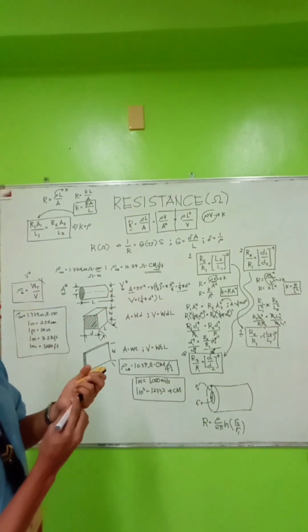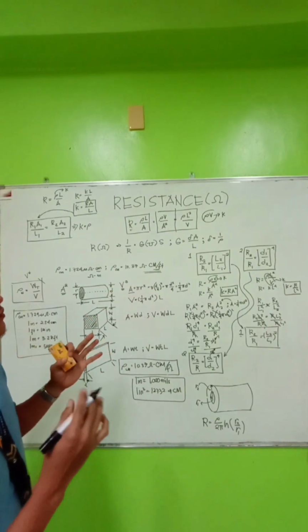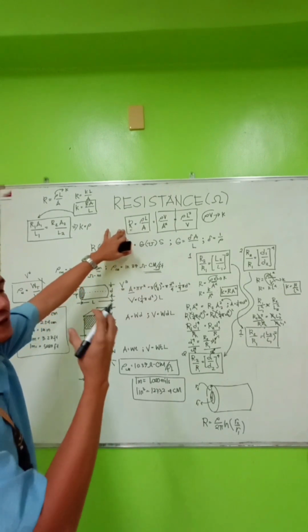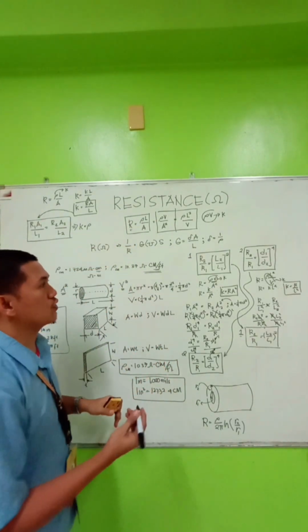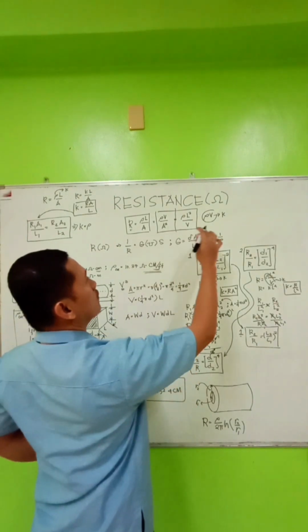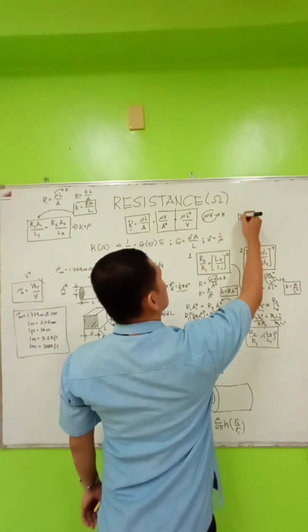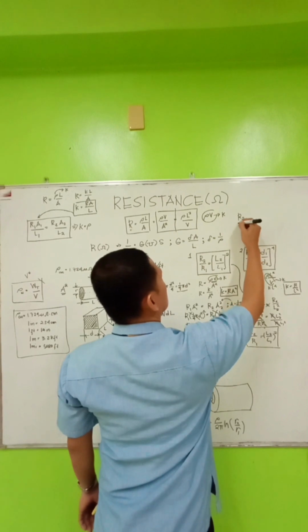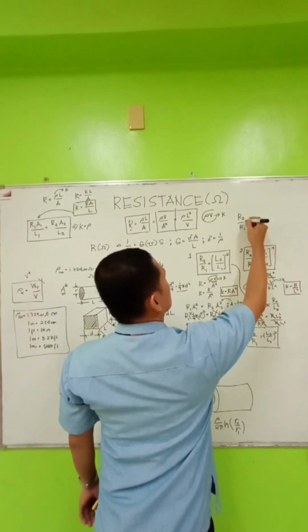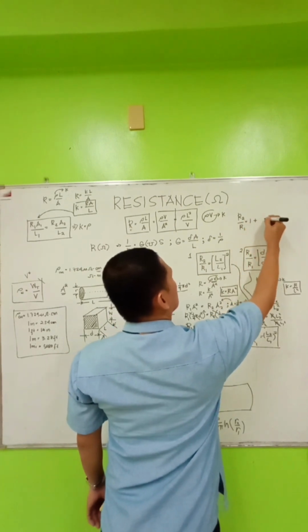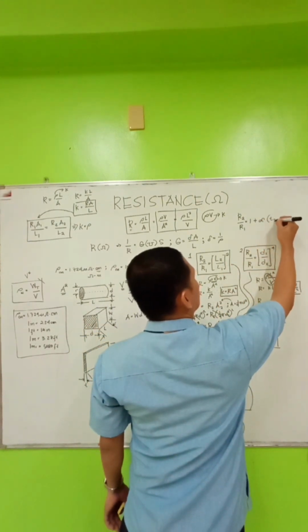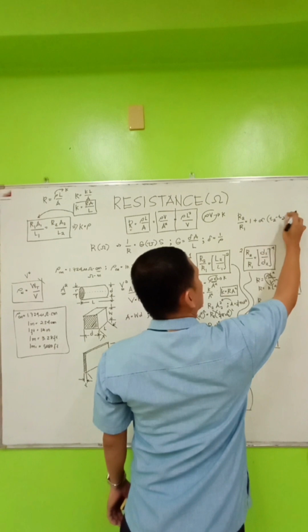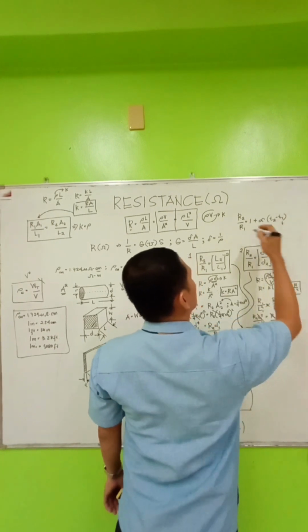Again, the formula for resistance when it is affected by temperature: R2 over R1 is equal to 1 plus the temperature coefficient times the change in temperature.